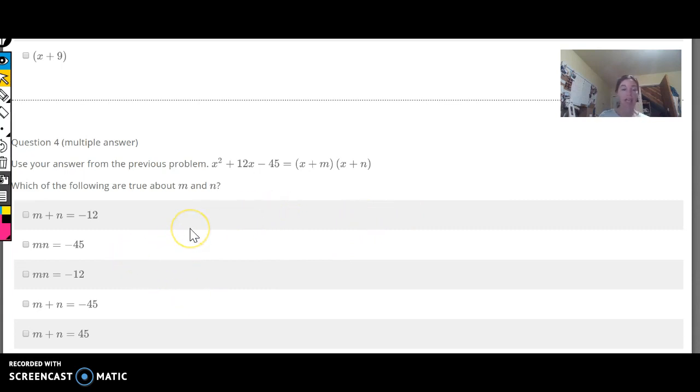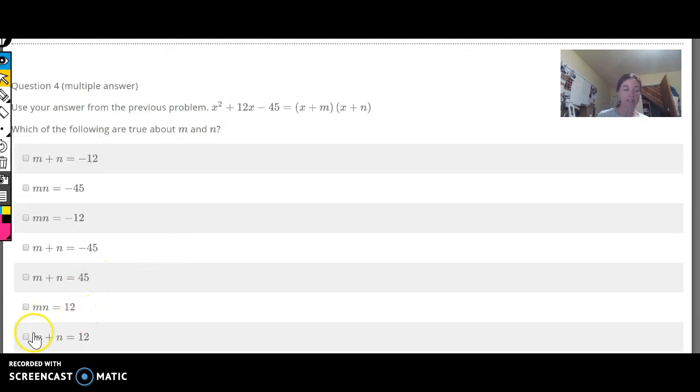So m and n added together is going to give me 12. And this is exactly what we came up with in the previous problem. And m and n multiplied together give us negative 45. Hopefully that was really obvious in the previous problem. It almost seems like this one should have come first.